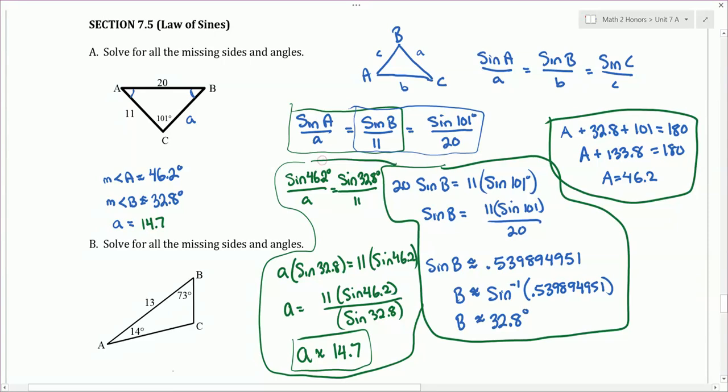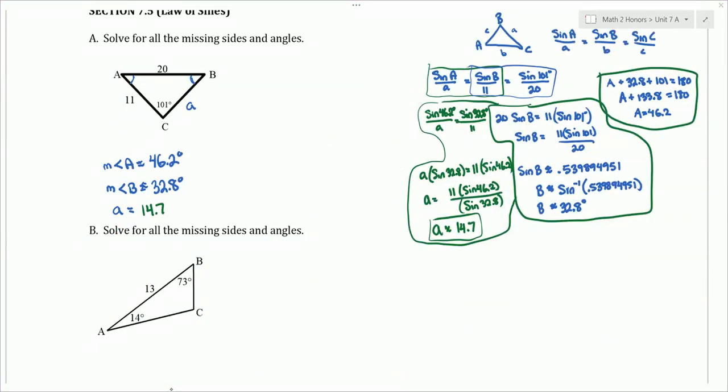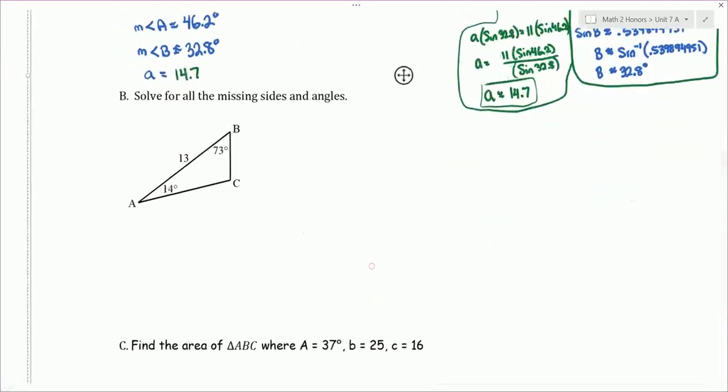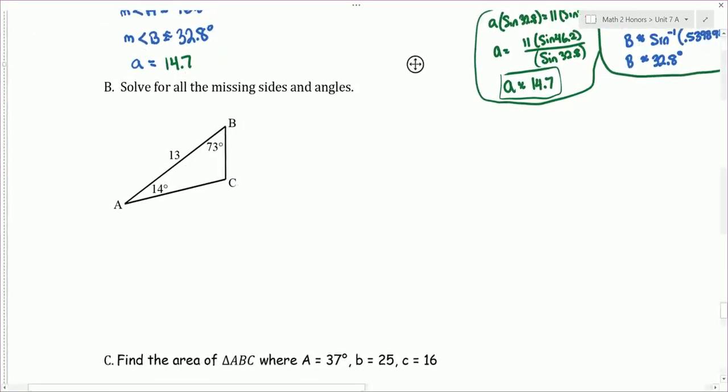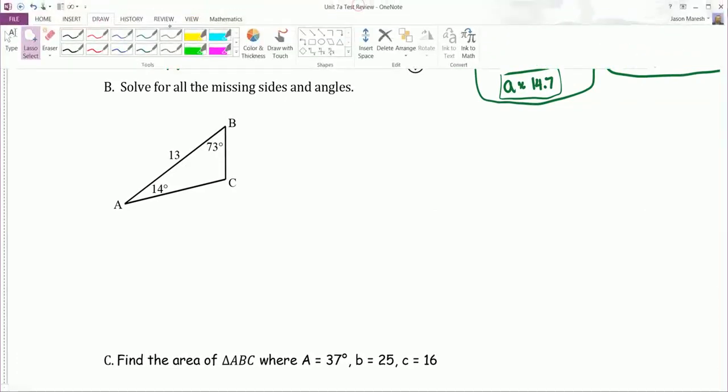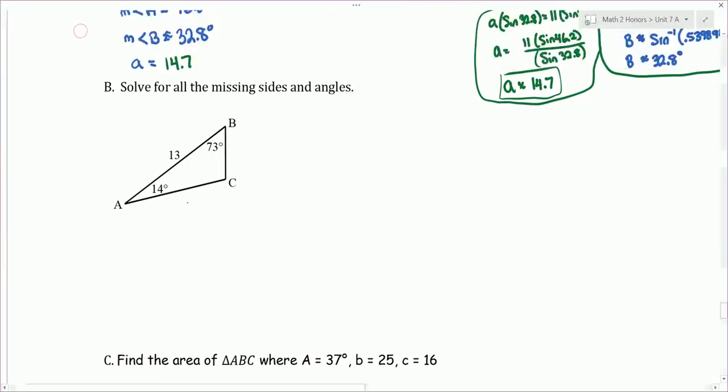Now for part B. Again, we're going to solve for all the missing sides and missing angles. Let's see what we're missing. We don't know angle C, so we want the measure of angle C. We don't know side B, and we don't know side A. So measure of angle C we'll do first.